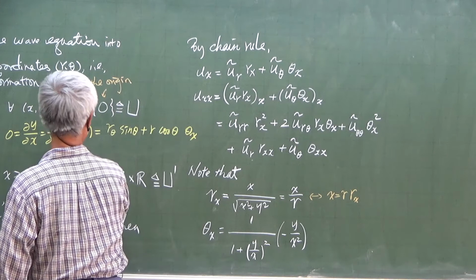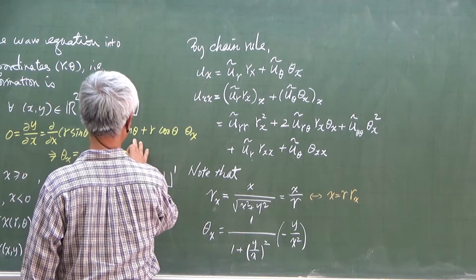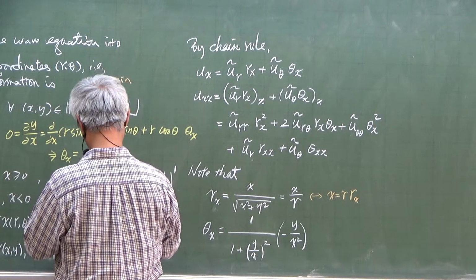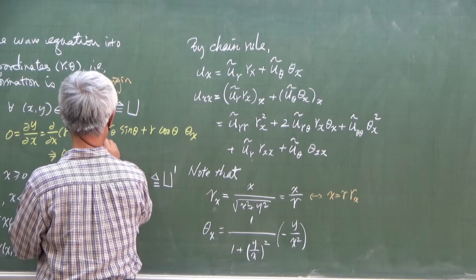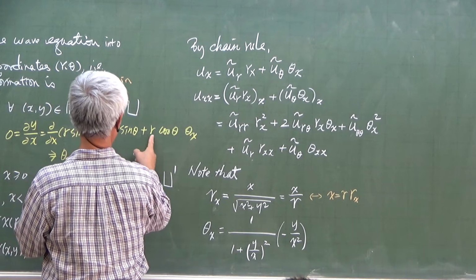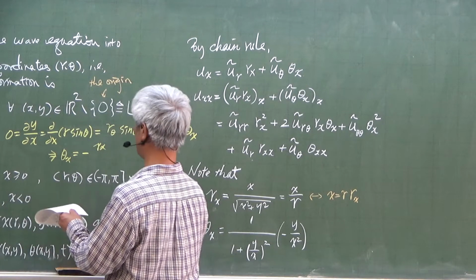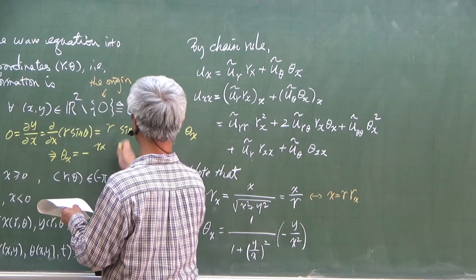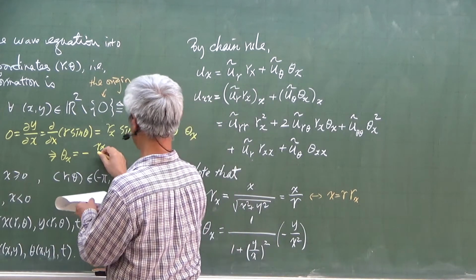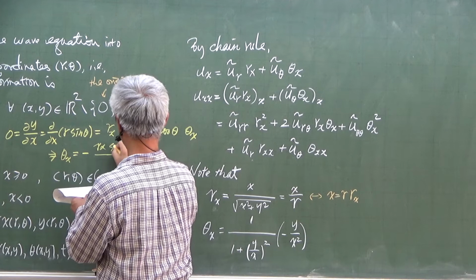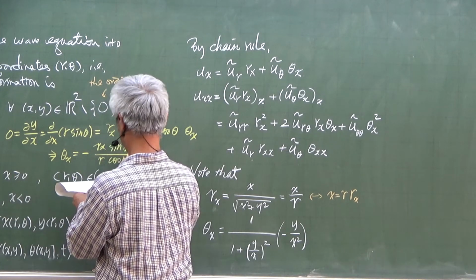So this implies that theta x is equal to minus... I'm sorry, this is r x. So this is r x divided by x sine theta, and this is r cosine theta.